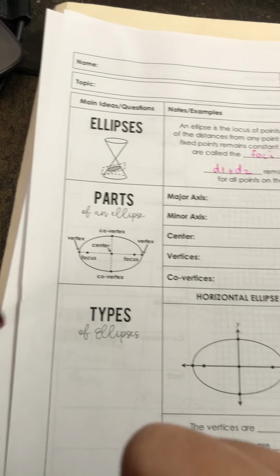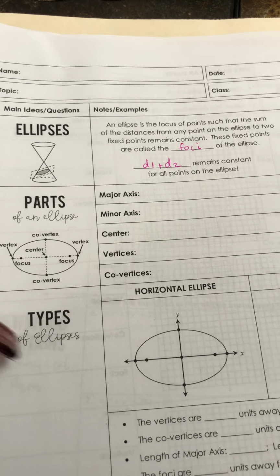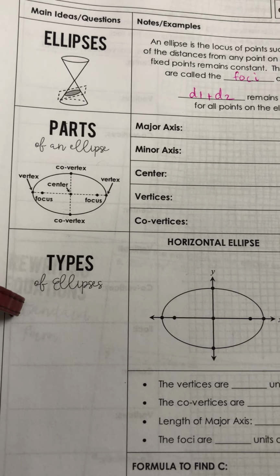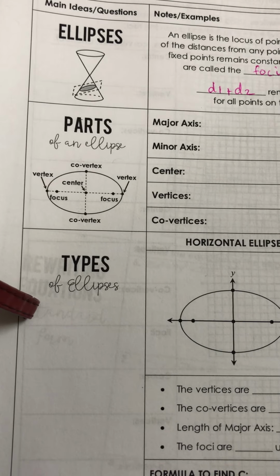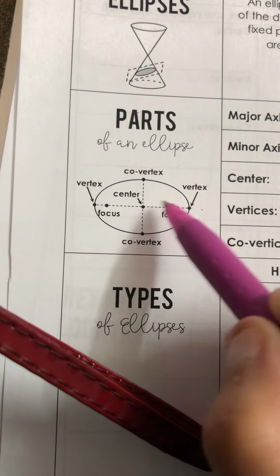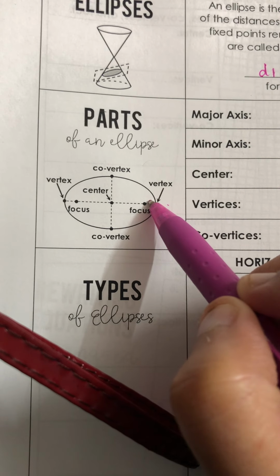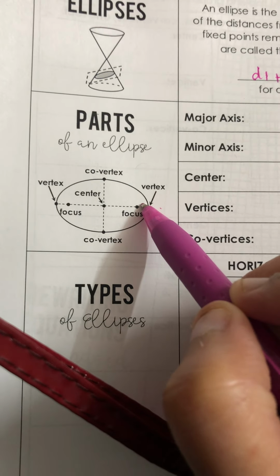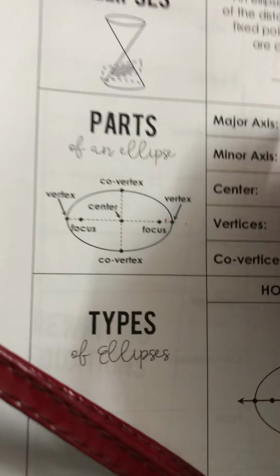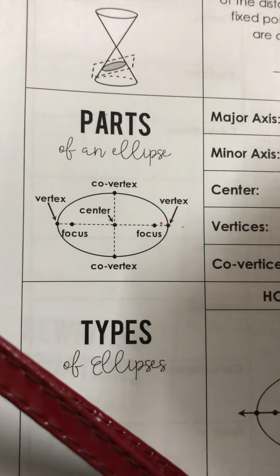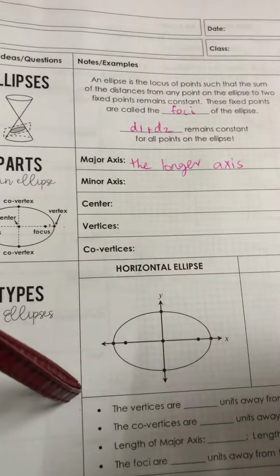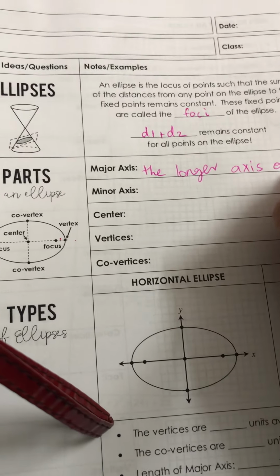Parts of an ellipse. Like the horizontal parabola and the vertical parabola, we have a horizontal ellipse and a vertical ellipse. But let's discuss the parts of an ellipse. This is an ellipse. This is the major axis, the longer axis of symmetry.